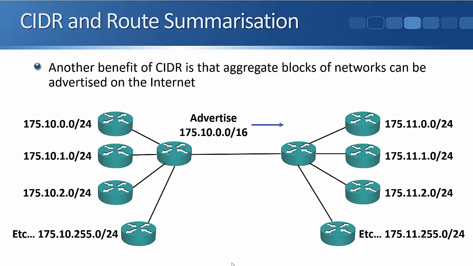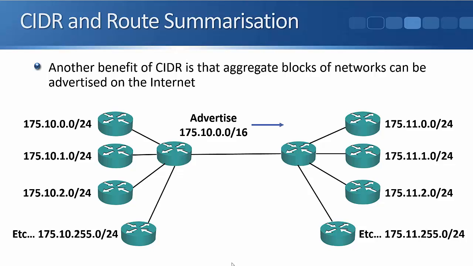So ISP-A, rather than advertising all 256 /24s, advertises 175.10.0.0/16, which is a superset of all those 256 smaller networks. So now ISP-B only learns one route to all the networks behind ISP-A rather than learning 256.